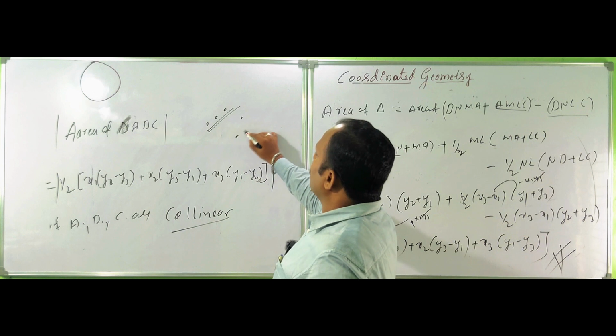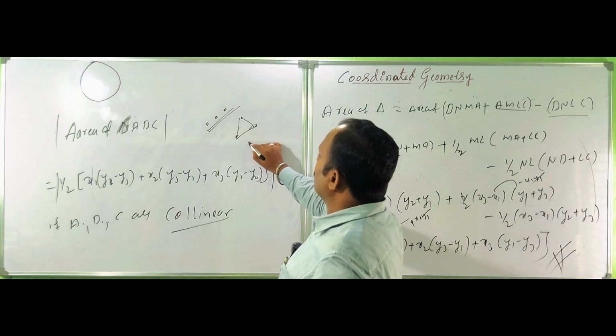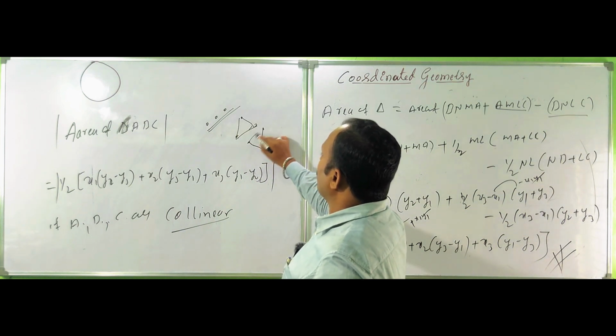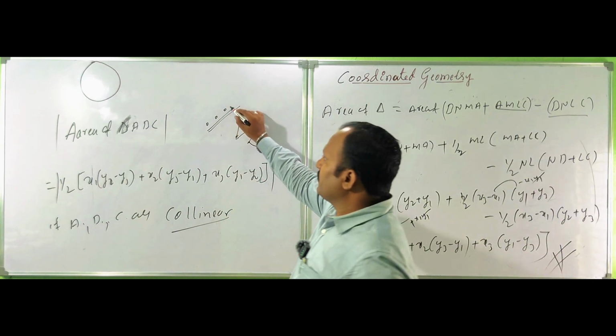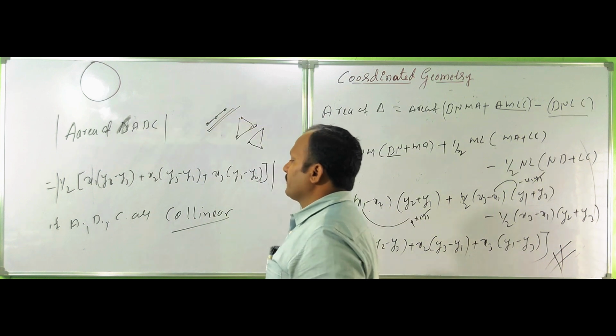If the points are in different positions, we can find the area of the triangle. If the points are in a linear equation, we cannot find the area of the triangle.